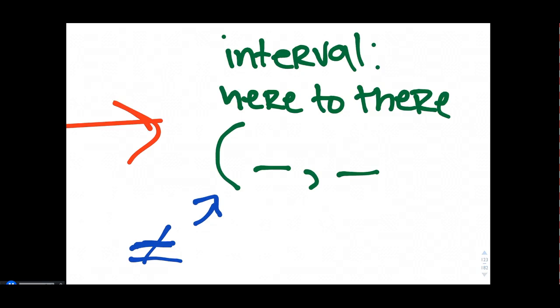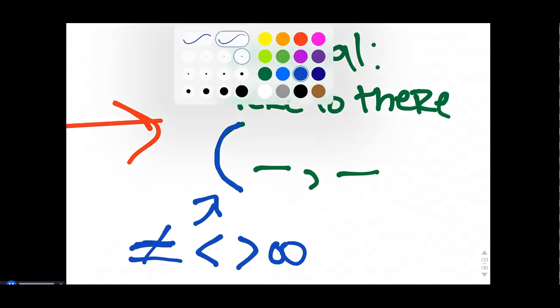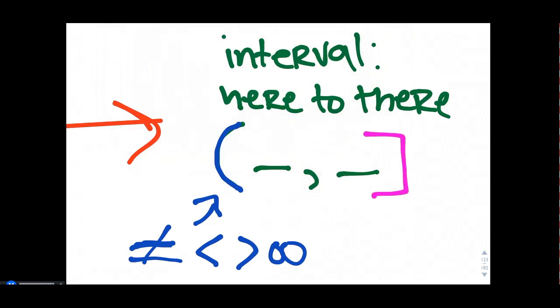That means that you're going to see a less than sign, a greater than sign, or it's going to go to some sort of infinity, whether it's positive infinity or negative infinity. That's a parenthesis. A bracket means that it equals. So it's going to have a less than or equal sign, a greater than or equal sign, or an equal sign.